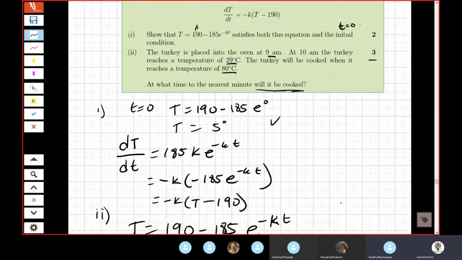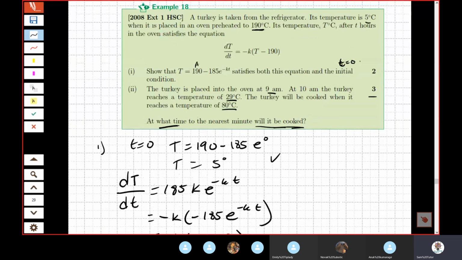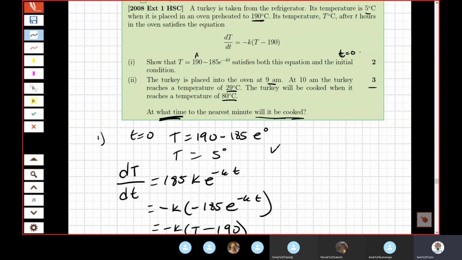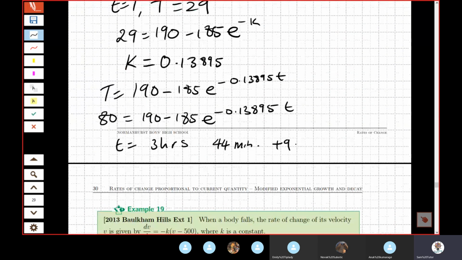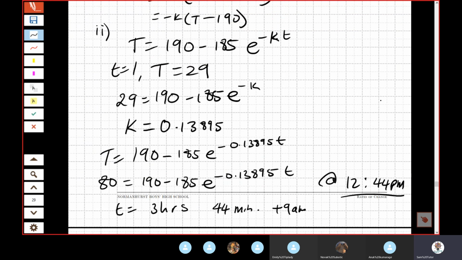Yeah, that's it. So the question says, at what time? It started at 9 a.m. and you had to actually say, at 10, 11, 12, at 12:44 p.m. it's ready. You've got a perfectly cooked turkey.